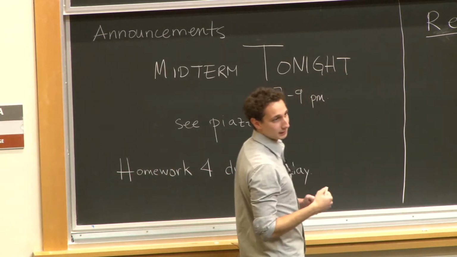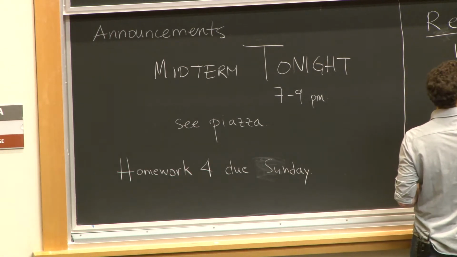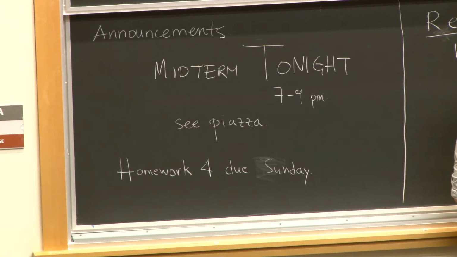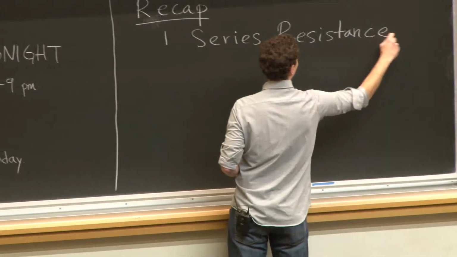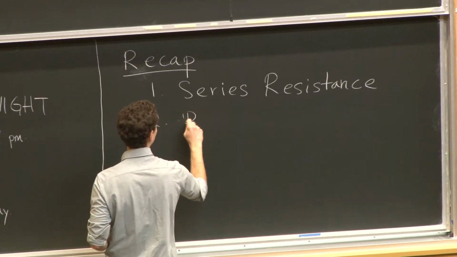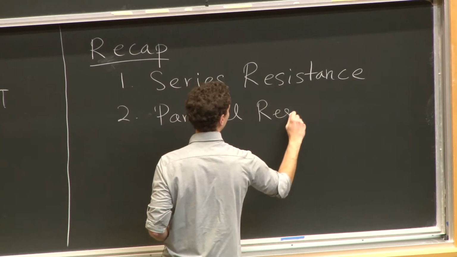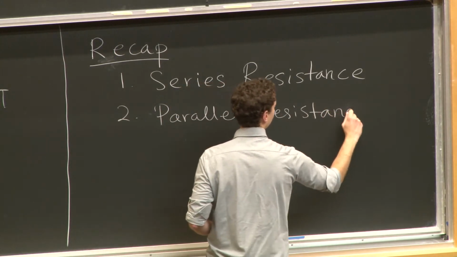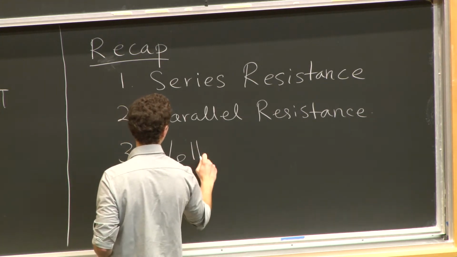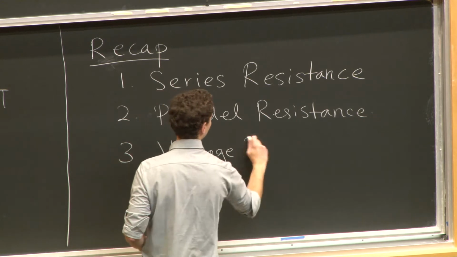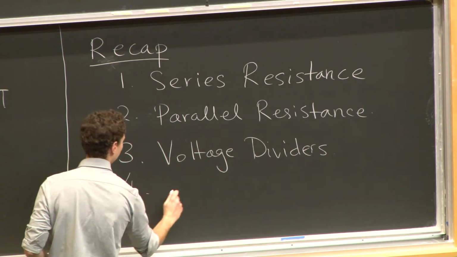The four main things that we did in last lecture were putting a whole bunch of resistors in series, putting a bunch of resistors in parallel, and very briefly we looked at voltage dividers, and current dividers.